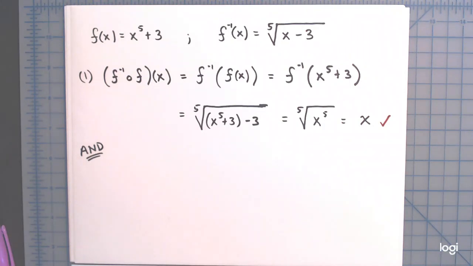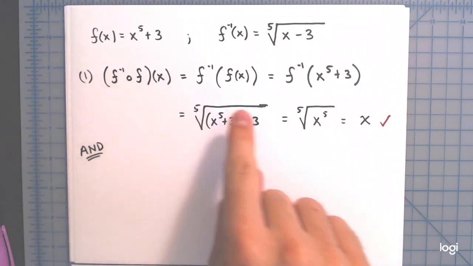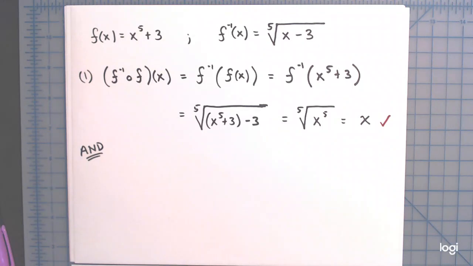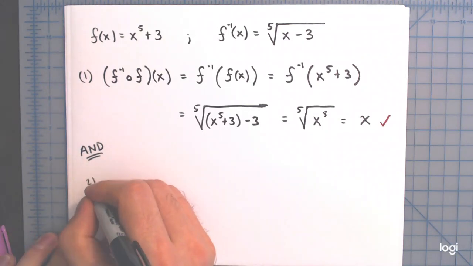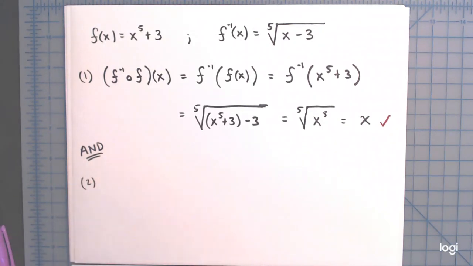But you could find some examples out there of two functions f and g where f composed with g is equal to x, but then g composed with f is equal to something else. Alright, so just because one direction is equal to x doesn't mean that they're inverses, right? The other direction could be a different expression. So be careful with this.